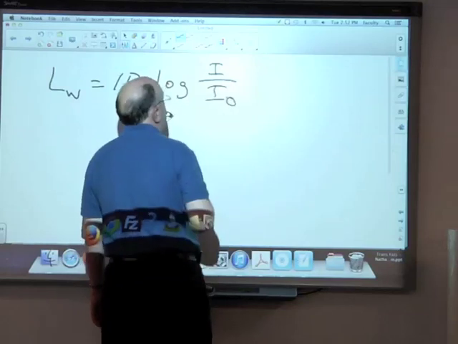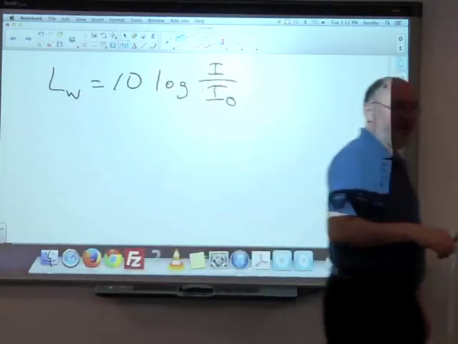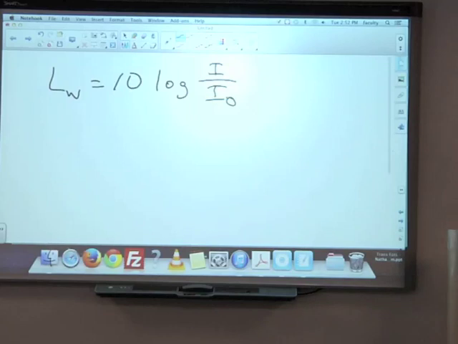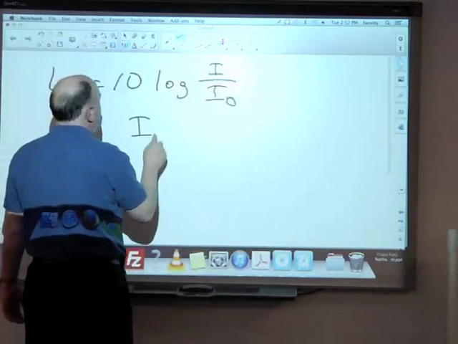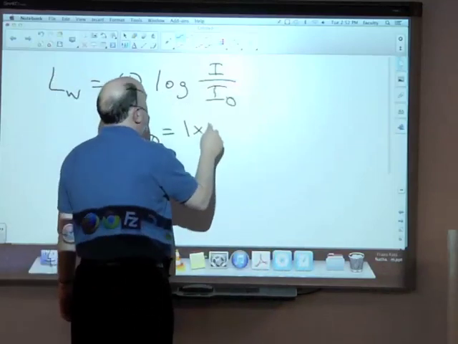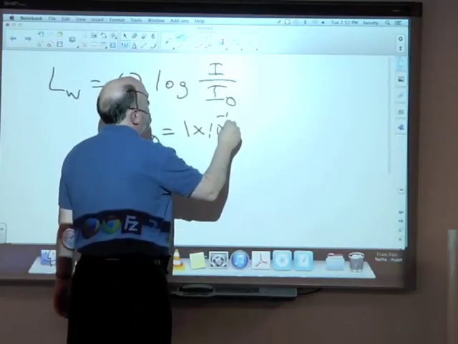There we go. That's a logarithmic equation. So I naught, which is taken to be the threshold of hearing, is going to be 1 times 10 to the minus 12.